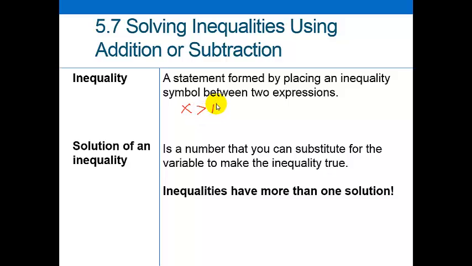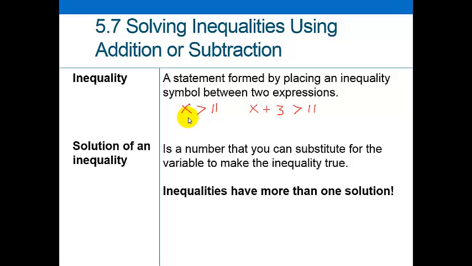I'm going to go ahead and make it 11, my favorite number. You could also have something like x plus 3 greater than 11. That's also an inequality. To be a solution of an inequality, it's the number I can put in for the variable that's going to make it true, just like we showed in the previous one.